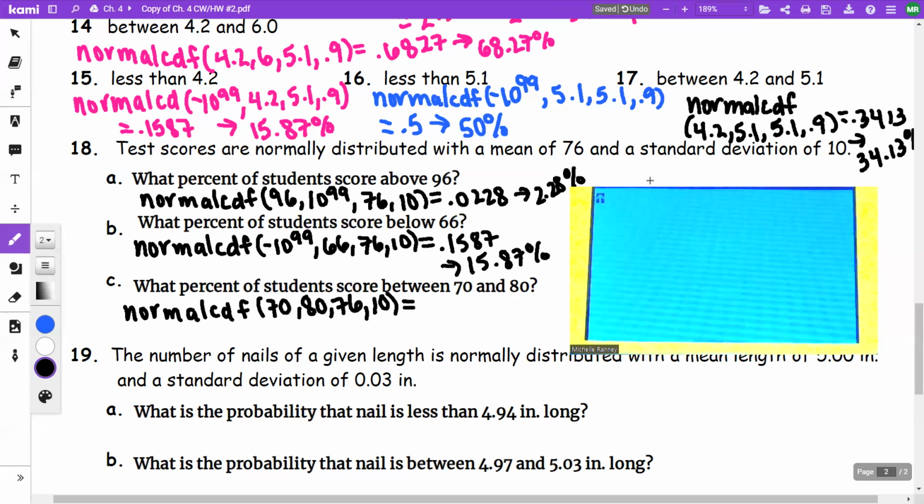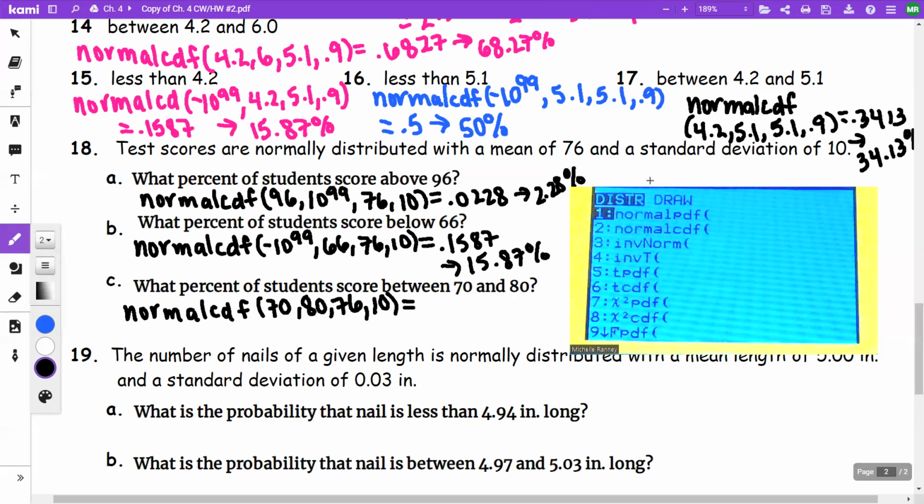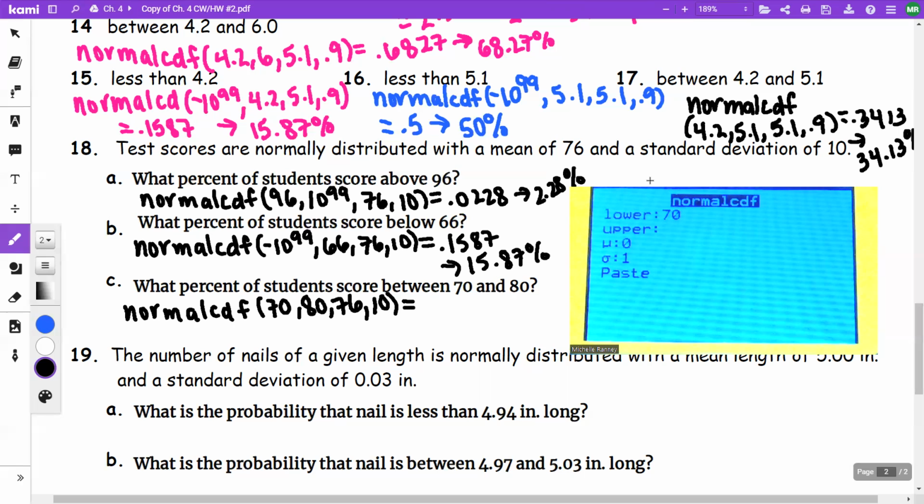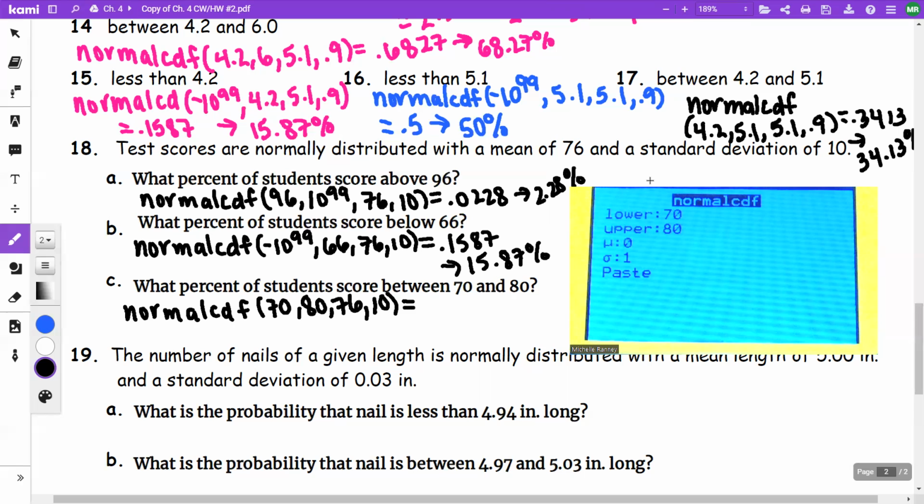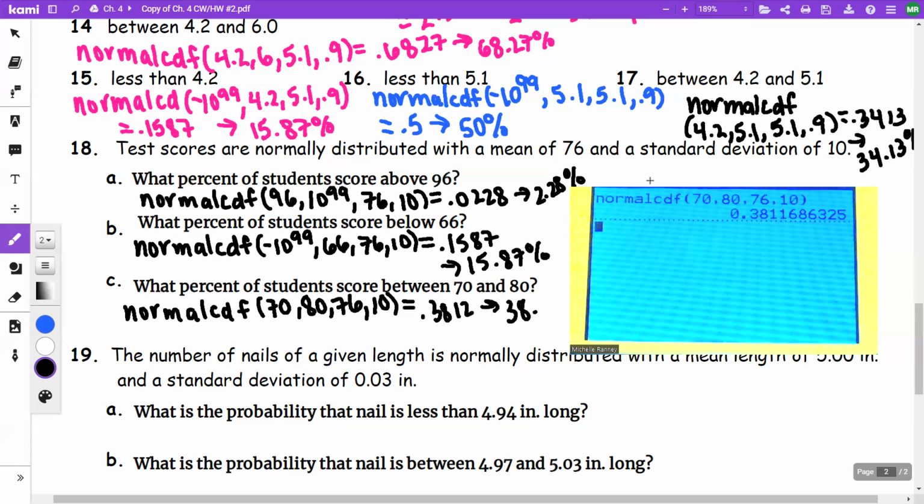Clear. So number 2, I want number 2. So 70, 80, 76, and 10. And I get 0.3812, so 38.12%.